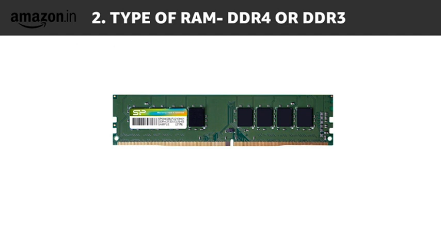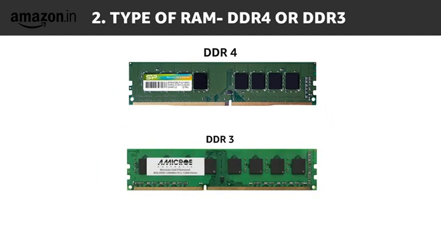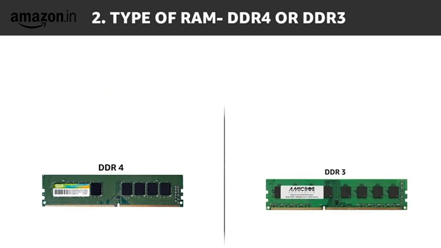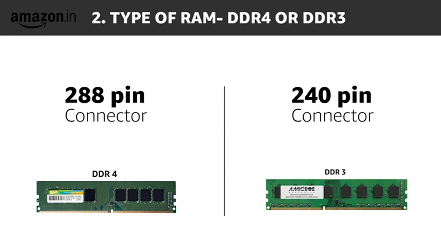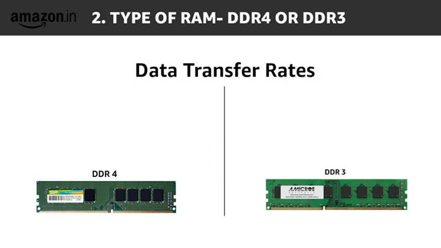Now coming to the type of RAM, the newest generation of RAM is designated DDR4, and systems that support DDR4 cannot accommodate DDR3 and vice versa. This is because DDR3 RAM uses a 240-pin connector, while the newer DDR4 RAM uses a 288-pin connector. Another key difference between these two types of RAM is the speed at which they can transfer data.